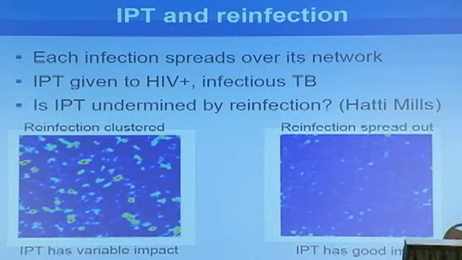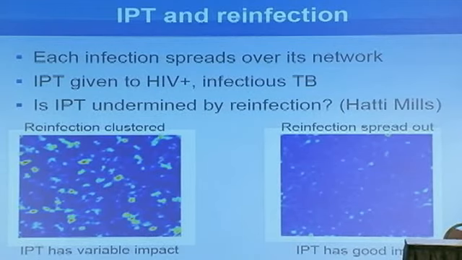What happens is that IPT can be fantastic in networks like this, because it can be the case that the burden of TB is sufficiently clustered among HIV-positive individuals that IPT can effectively eliminate TB in these little pockets. Or it can be the case that if you don't do quite enough IPT, or if there's a burden of TB outside of the individuals that you're treating, that subsequent reinfection really will undermine IPT.